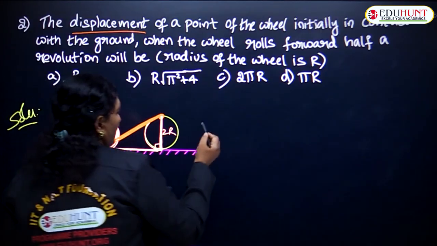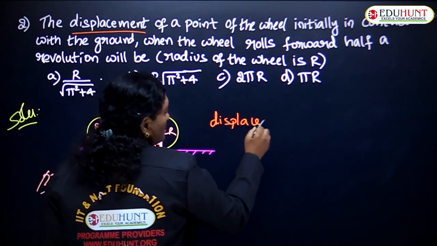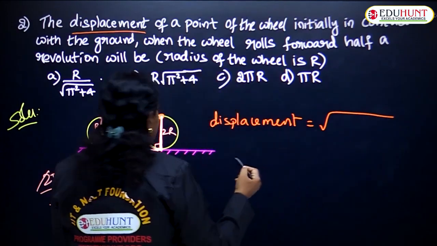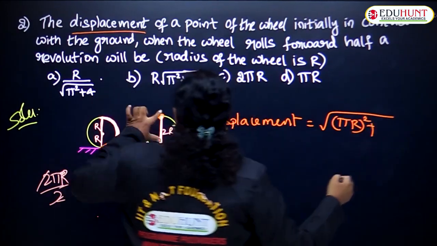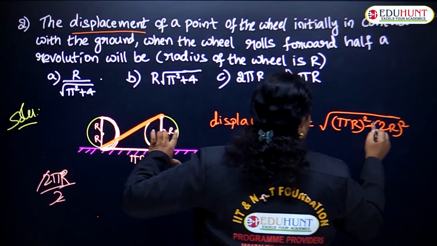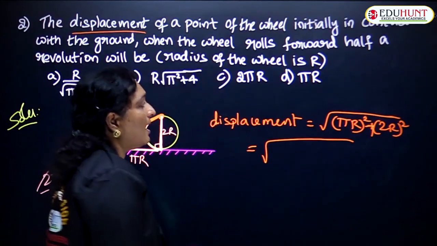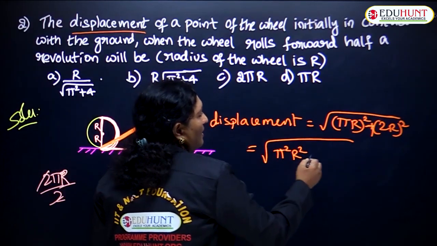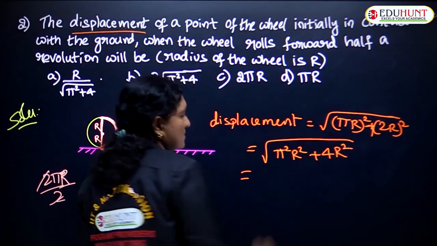So let us try to find out. The displacement is equal to root over (pi R) whole square plus (2R) whole square. Let us simplify. (pi R) whole square is pi square R square, plus (2R) whole square is 4R square.